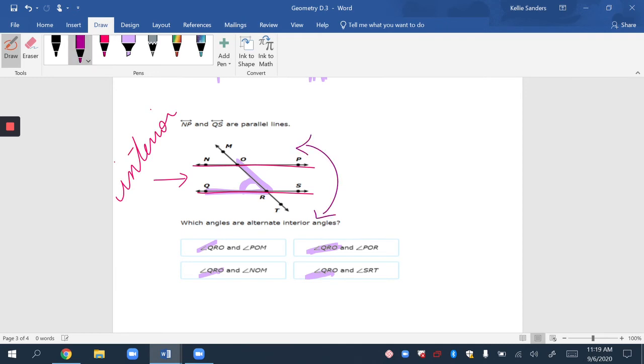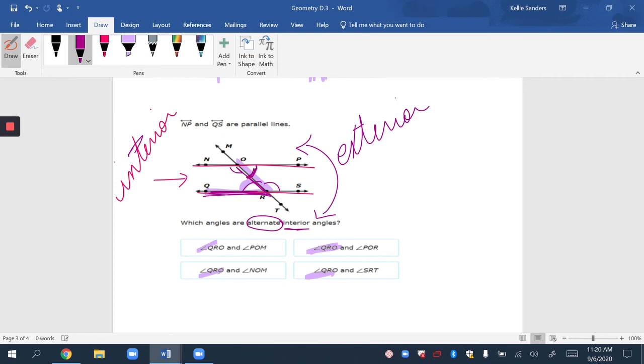Any angles outside the parallel lines is called exterior. So because it says interior, we are going to be looking at these 4 angles. One of them is correct. Okay, so we've already used the QRO. It's interior. Now, alternate means basically opposite. Other side in different group.